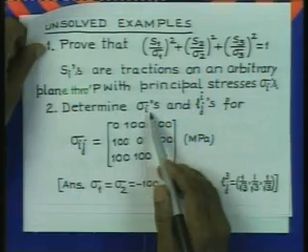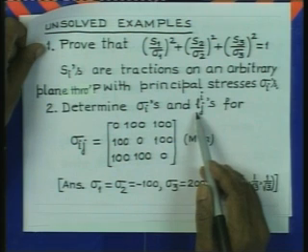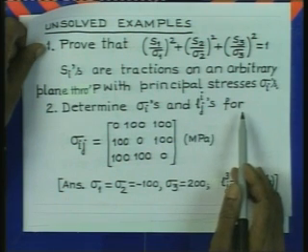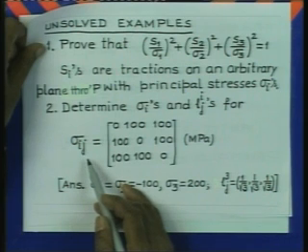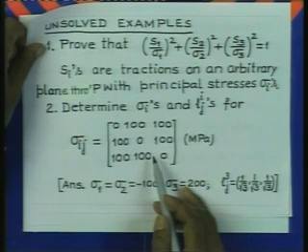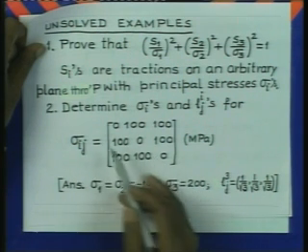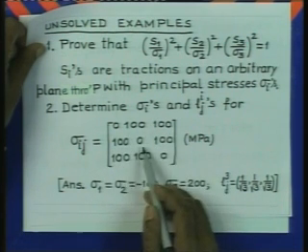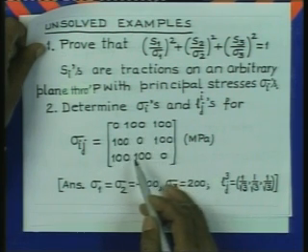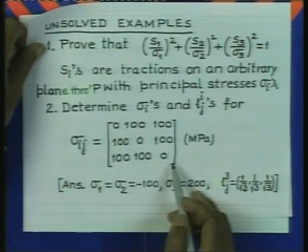Second example, you can consider determination of principal stresses and their direction cosines, where the stresses in Cartesian coordinates are given by this expression: 0, 100, 100; 100, 0, 100; 100, 100, 0 MPa.